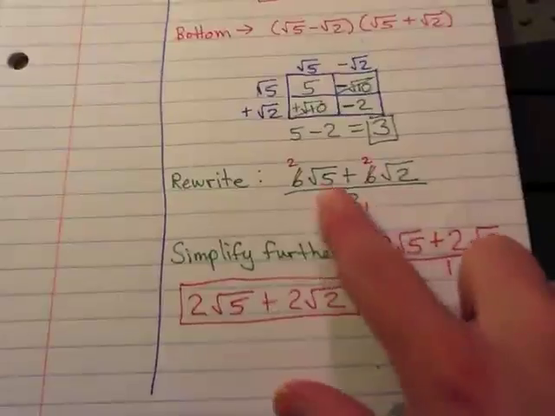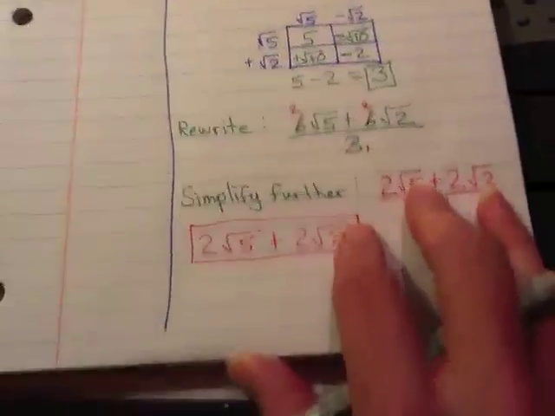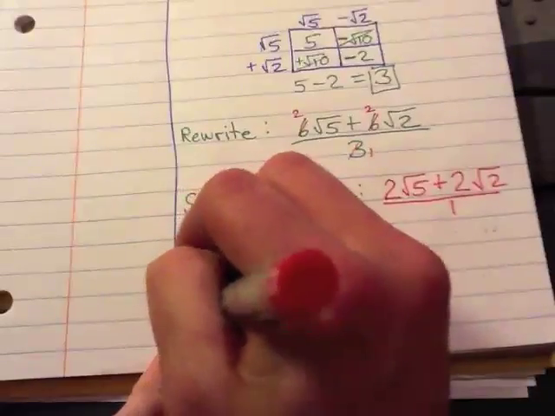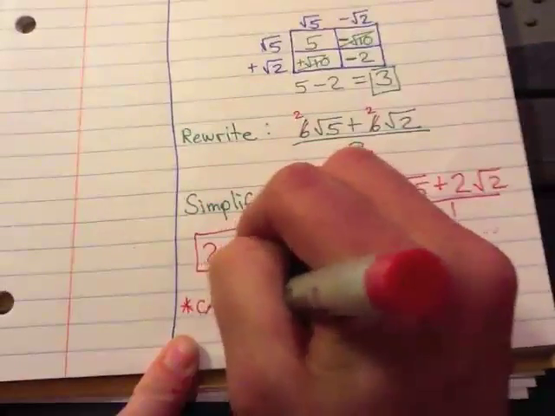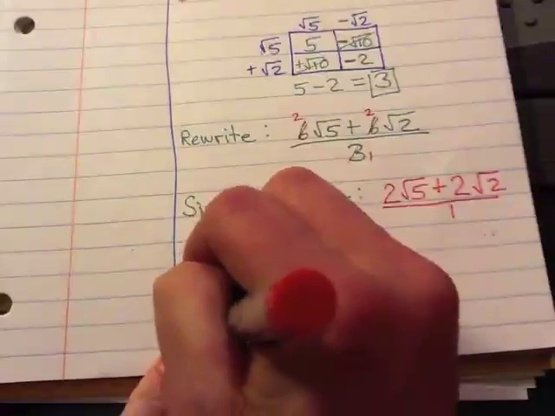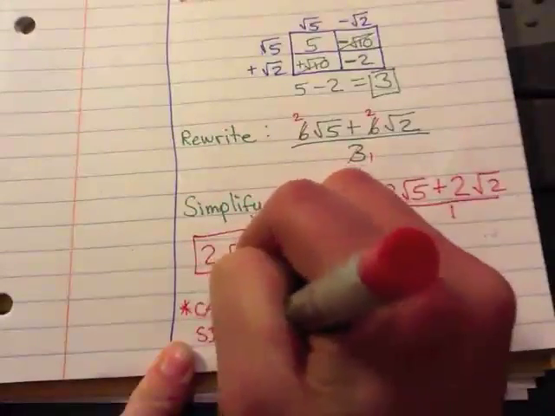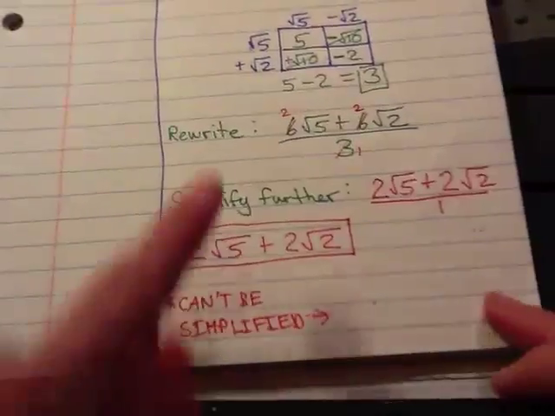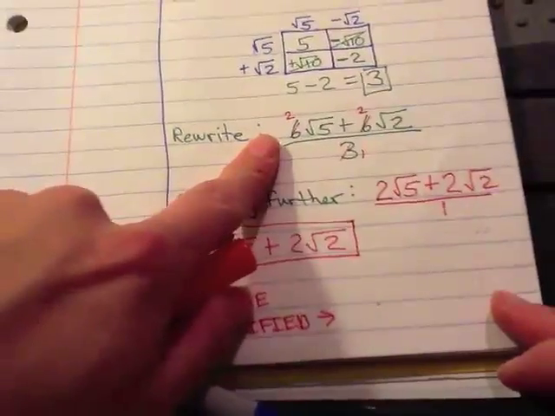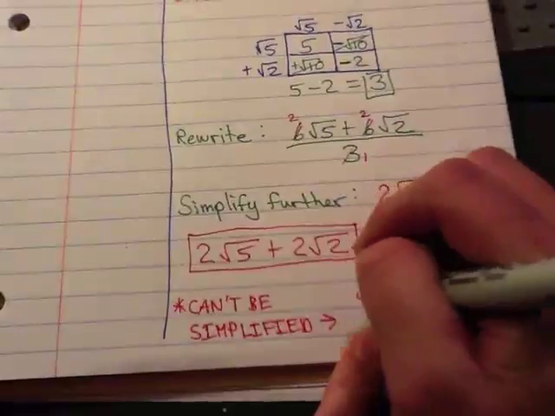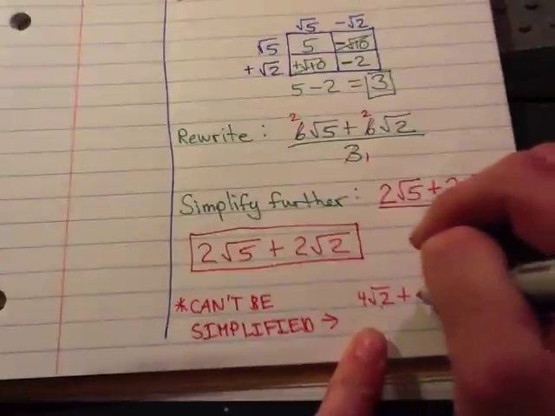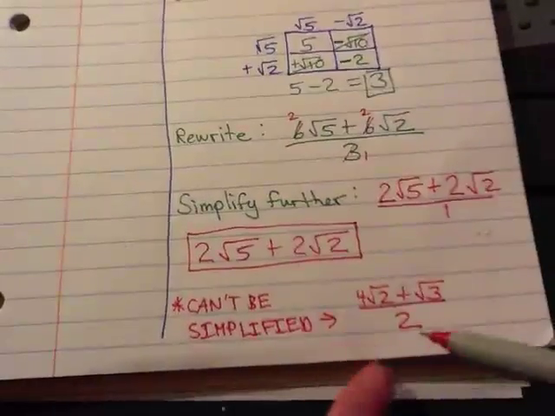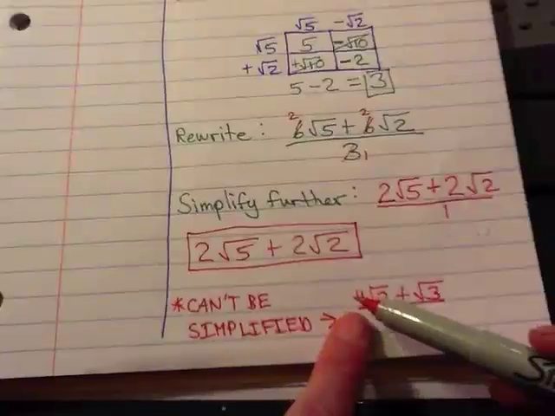So in case you're a little confused about that, let me show you an example of one that can't be simplified. Okay, this is an example of one that could not be simplified that looked like that, just so you see the difference. 4 square root 2 plus square root of 3 over 2. So if you notice here, 2 goes into 4.